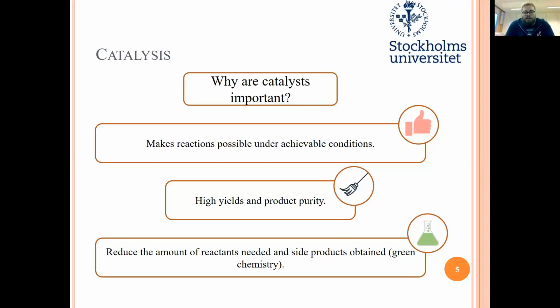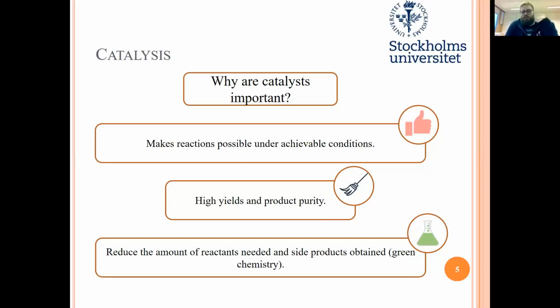Another reason is that using catalysis leads to high yields and product purity within the reaction. So we can enhance the yield of a reaction, and the catalyst can be selective. If we have a reaction that can give different products, by using a catalyst we can selectively get one of the many products, which is useful when we need extra pure components.